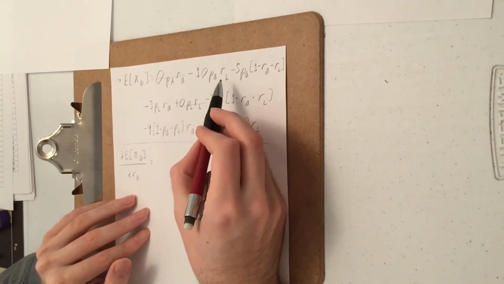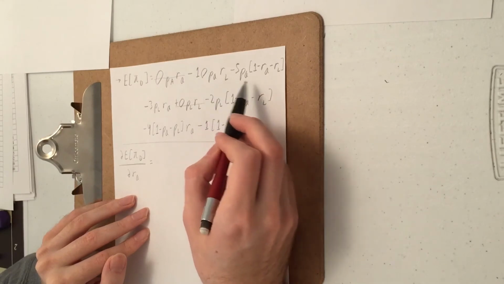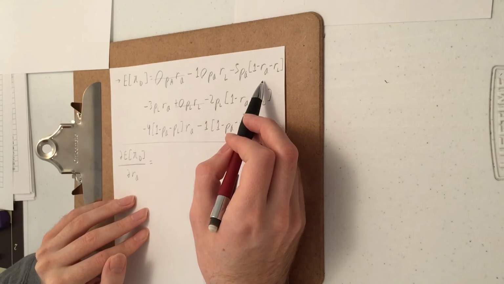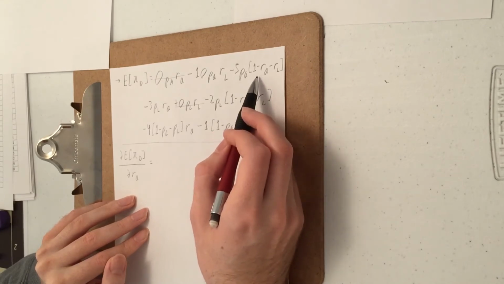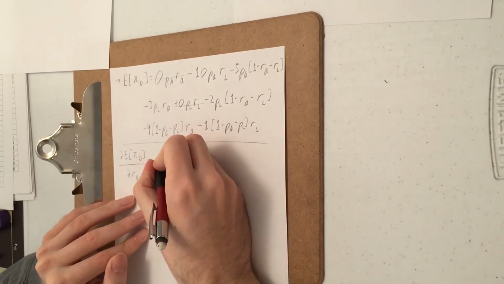So there's no RA over here, so this term would just go away. We do have an RA over there. It's multiplied by minus 5PA and a minus sign. Two negatives make a positive, so that'll be a plus 5PA.